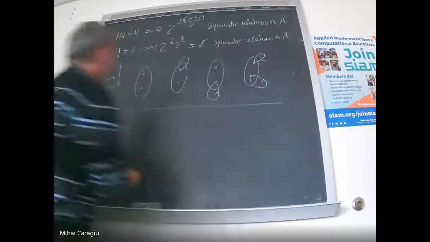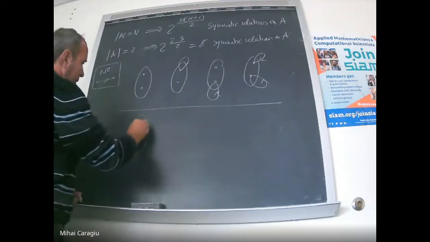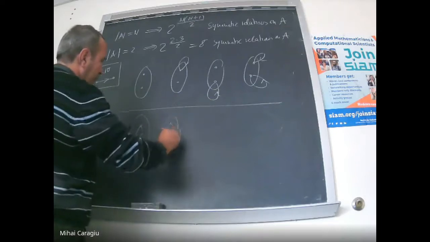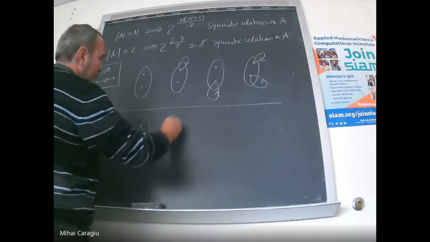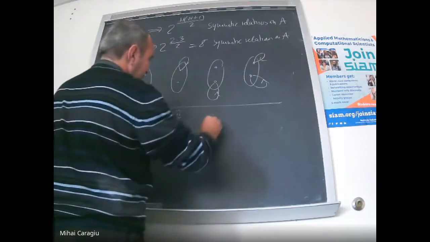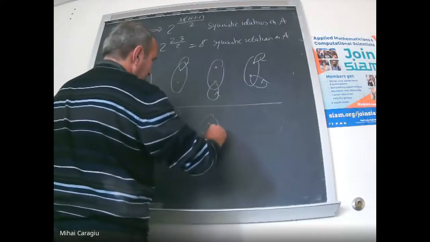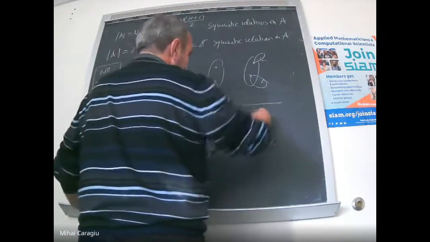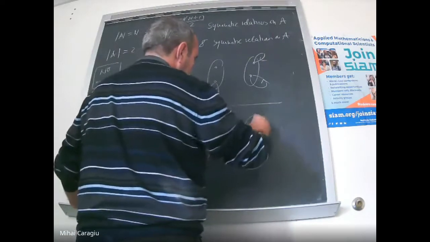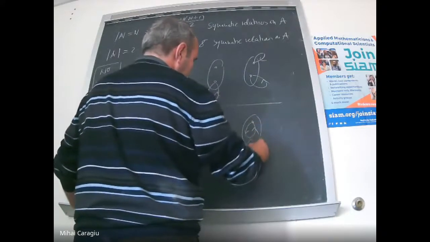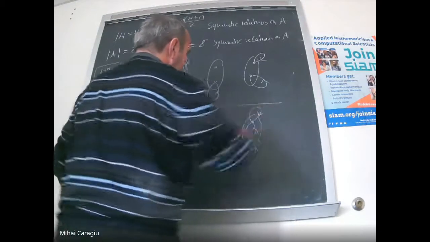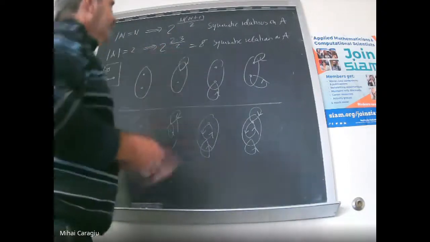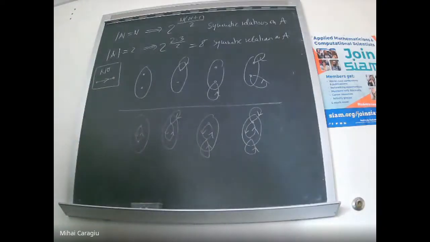And then connected both ways and no loop, connected both ways with loop at 1, with loop at 2, and with loops at both 1 and 2. So we have 4 plus 4, 8, like we discussed before, symmetric relations on a set with 2 elements.